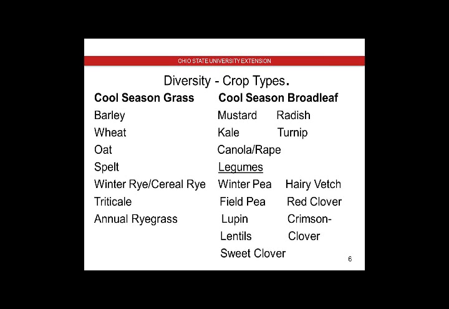The nice thing about these legumes, it varies depending on how much growth you have, but you can get anywhere from 50 to 75. In some cases, here in Ohio, we've been able to document as much as 125 to 150 pounds of nitrogen coming from some of these legume crops.